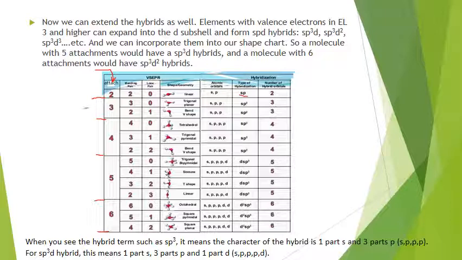Okay, now if you have a molecule with three attachments, it actually could have three bonds, like this, or it could have two bonds and one lone pair. Okay, so here's three bonds, no lone pairs, two bonds and one lone pair. That is going to be sp2.